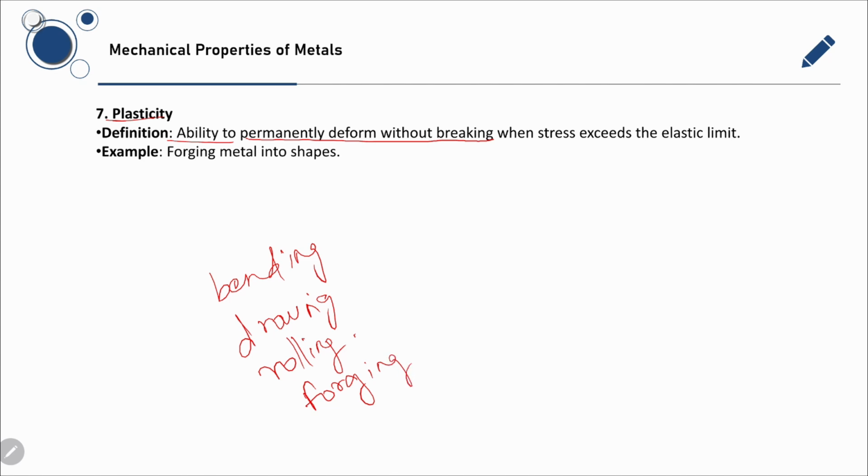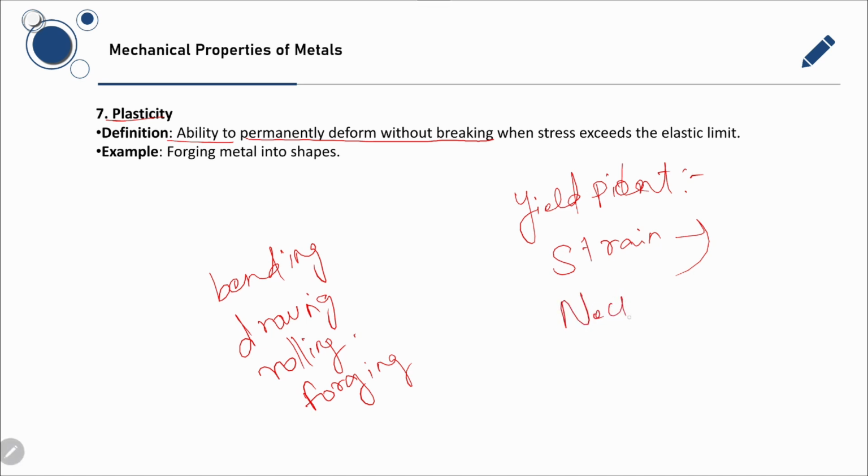Below the elastic limit, the metal springs back. Beyond it, atoms slide to new positions and the metal keeps the new shape. That is plasticity. What are the behaviors in the plastic region? Three behaviors. Yield point is the start of permanent deformation. Next is strain hardening: the metal gets stronger and harder as it is deformed.